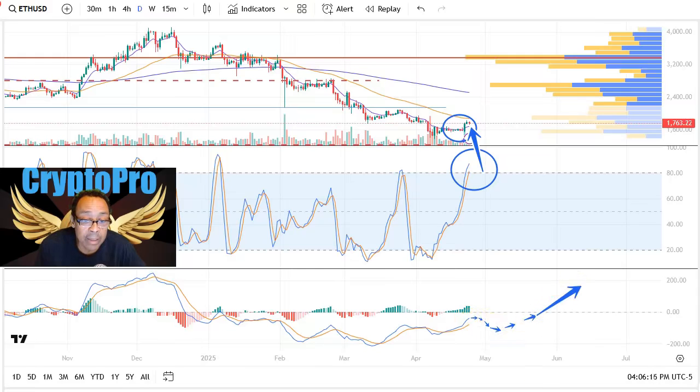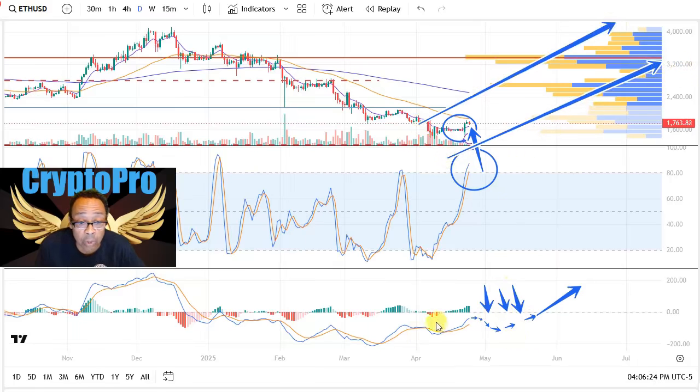We need to get back above this zero line, and then we'll probably have an upward trending trading channel that forms while we bounce around above the zero line with the oscillators. And then the histogram will continue to go up and down above the zero line.